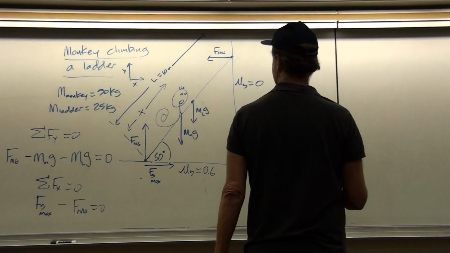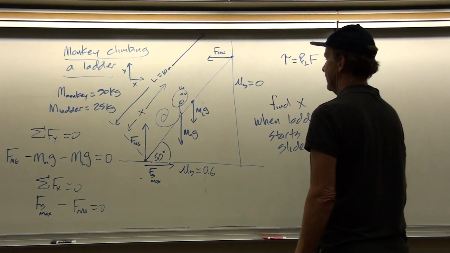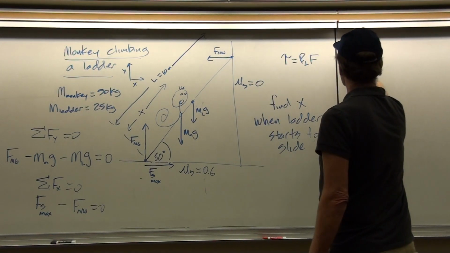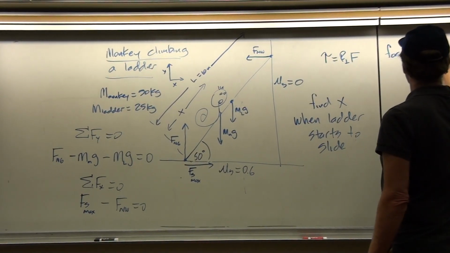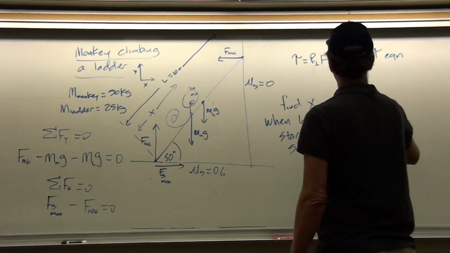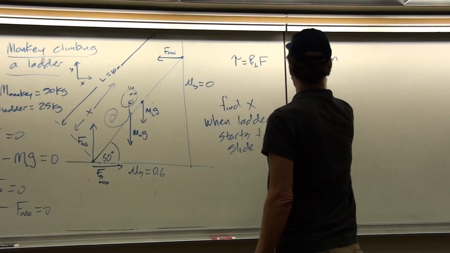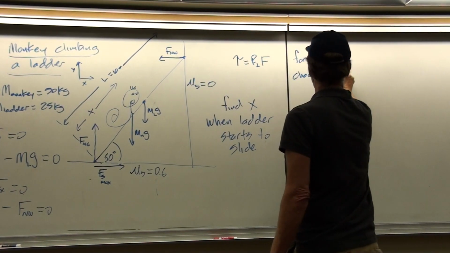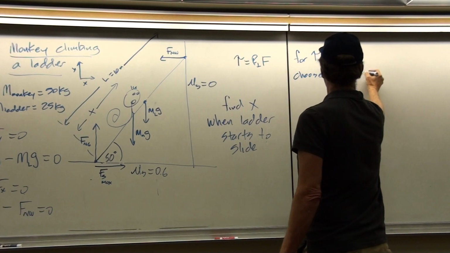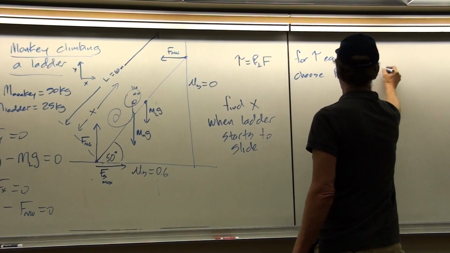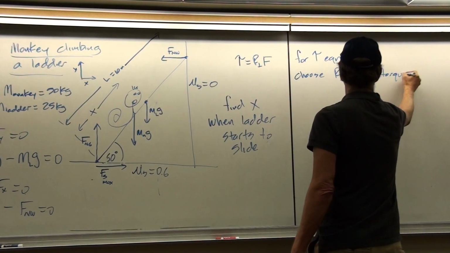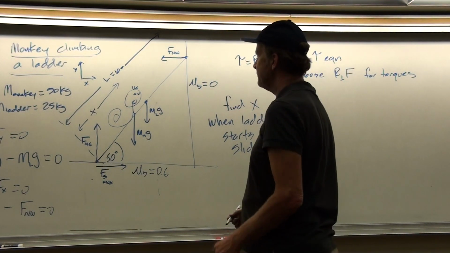So what we need are torque equations for that. Okay, and so what I'm going to do here, for the torque equation, is choose R perpendicular F for our torques. Why?